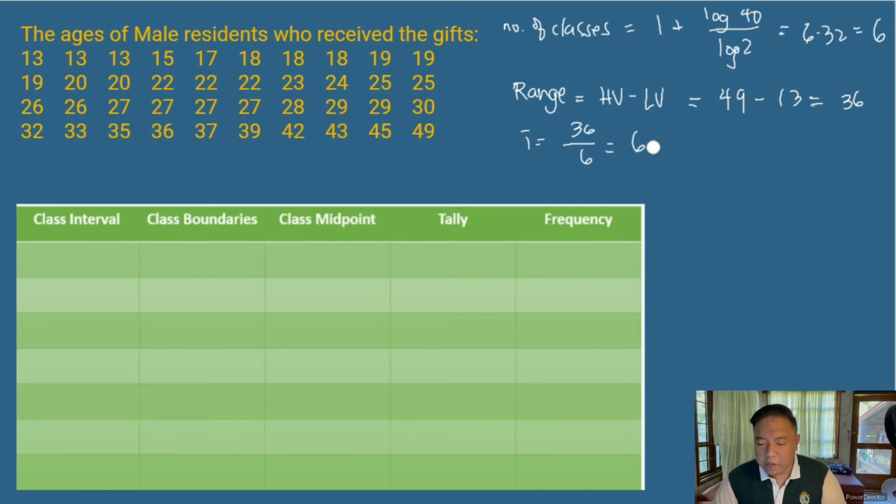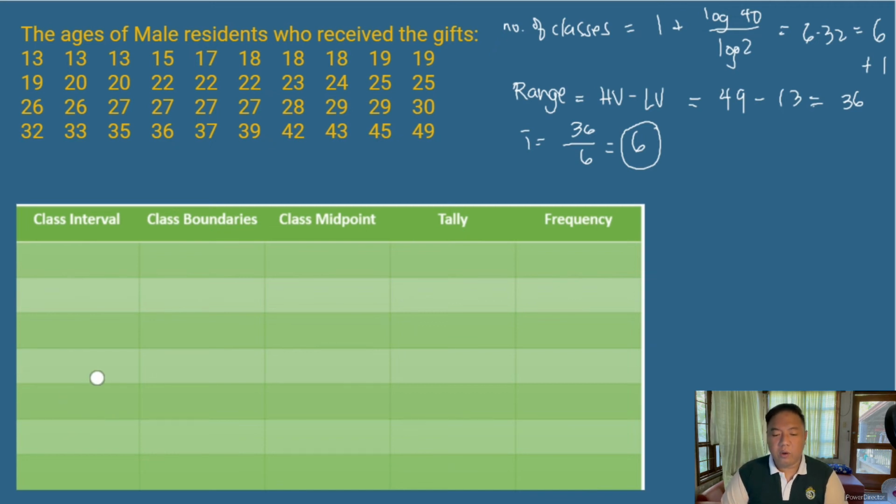So since it is a whole number, we add 1. Therefore, we are going to need 7 classes here. So that's 1, 2, 3, 4, 5, 6, 7. So we have prepared our 7 rows.